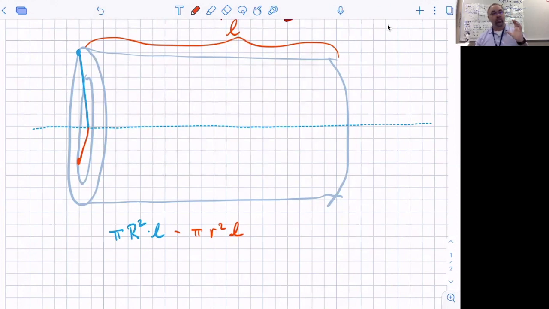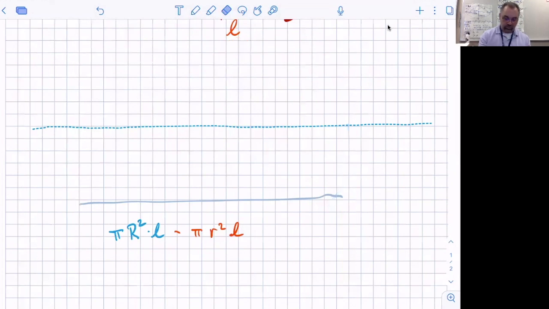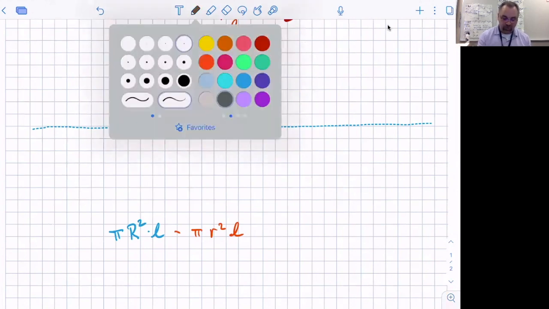But I'm going to propose a different idea here. And it's going to be a little weird at first, but in the end, it's essentially doing the exact same thing. But we're going to define it all in terms of a single radius, and we're going to use the thickness of the shell as one of the parameters. So let me redraw this a little bit, keeping the same general idea.